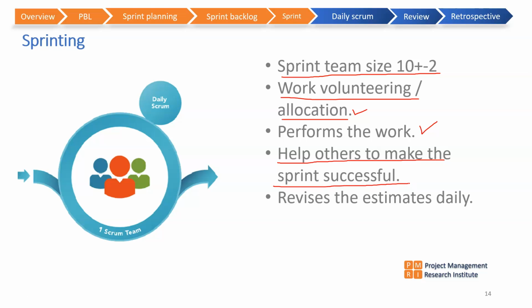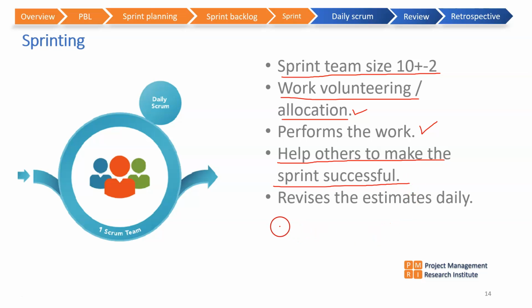Because if you have planned for 3 features and only 2 features are completed, technically the sprint becomes a failure. So everybody should be able to complete their work. The team members not only do their work, they should be willing and able to help others to complete their work as well.